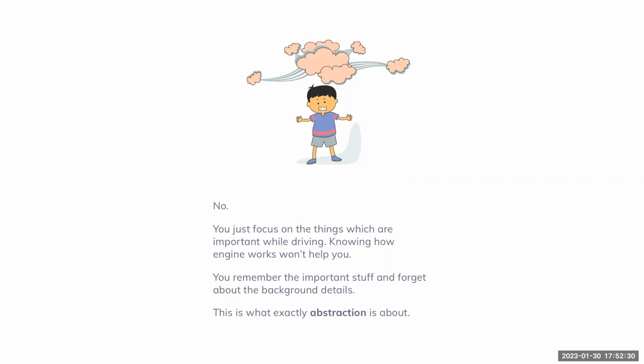You have to remember the important stuff, like the steering, and the drive mode and sports mode. You don't need to remember how the engine is performing and how these things work internally. You just remember the important stuff and forget about the background details. That is what abstraction actually is.